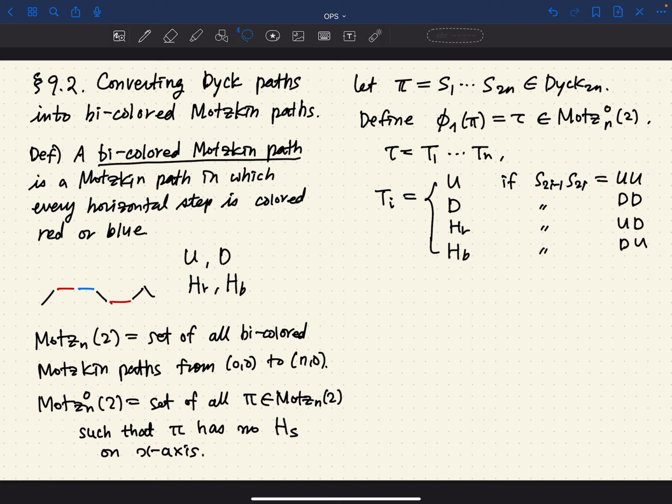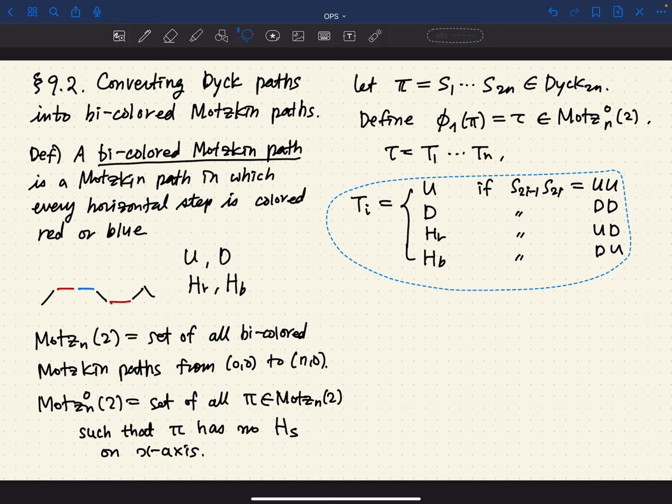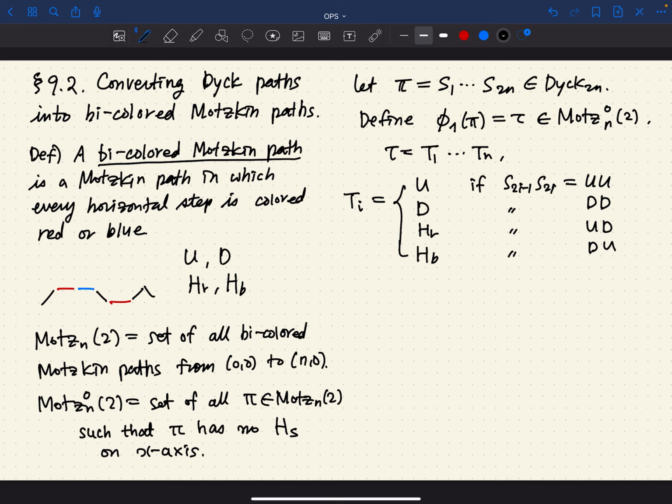In a diagram, this means up up, down down, up down, down up.